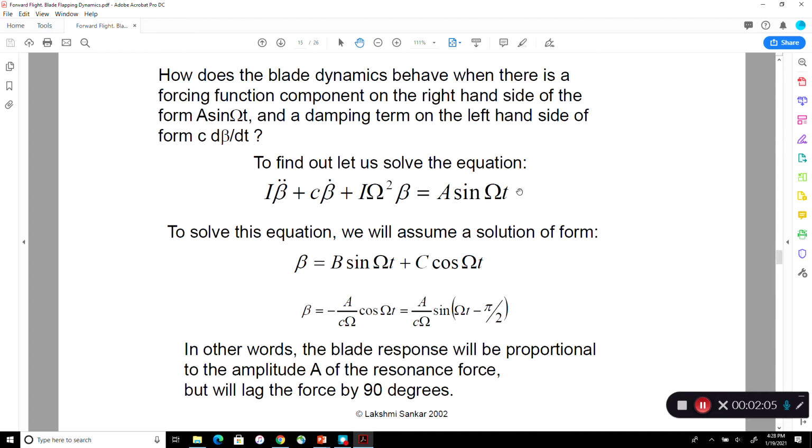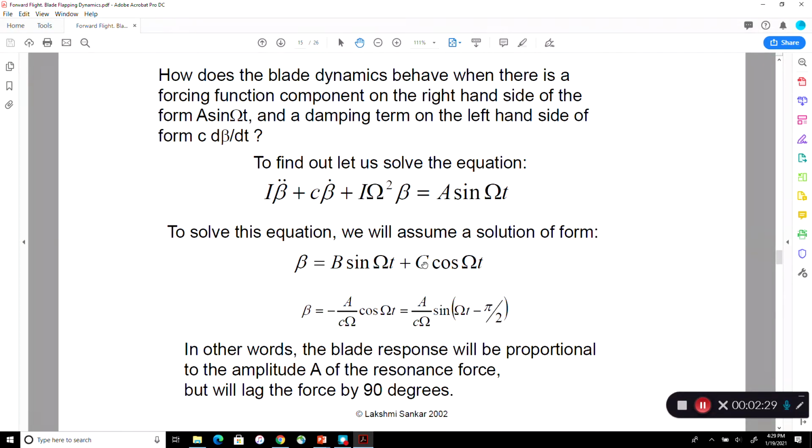This is the system. This is my force. So I'm going to apply a force at the natural frequency of the system, at the resonant frequency, where it says sine of omega t. We want to solve it. From our ODE classes that you may have taken, what you do is you assume a solution and plug it on the left side, because beta appears on the left side.